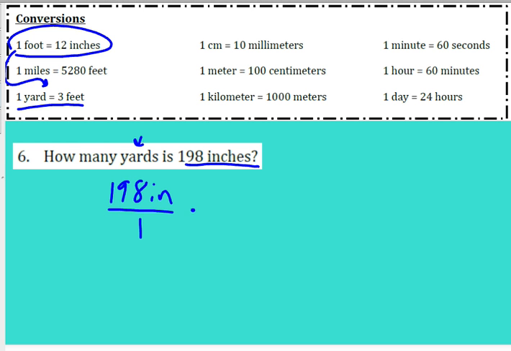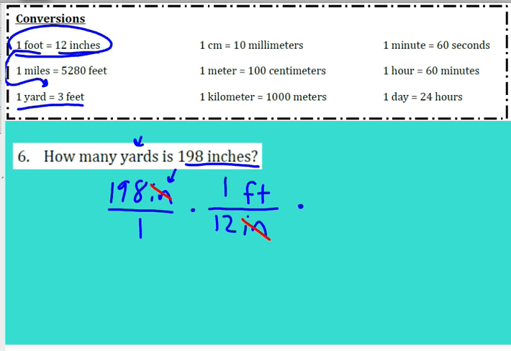So I want inches on the bottom because I have inches on top over here. How do inches and feet compare? Well, 1 foot is the same as 12 inches. So 12 down here and 1 up here. And you can see right now, inches would cancel out. So we're well on our way to figuring out how many yards we're going to have.